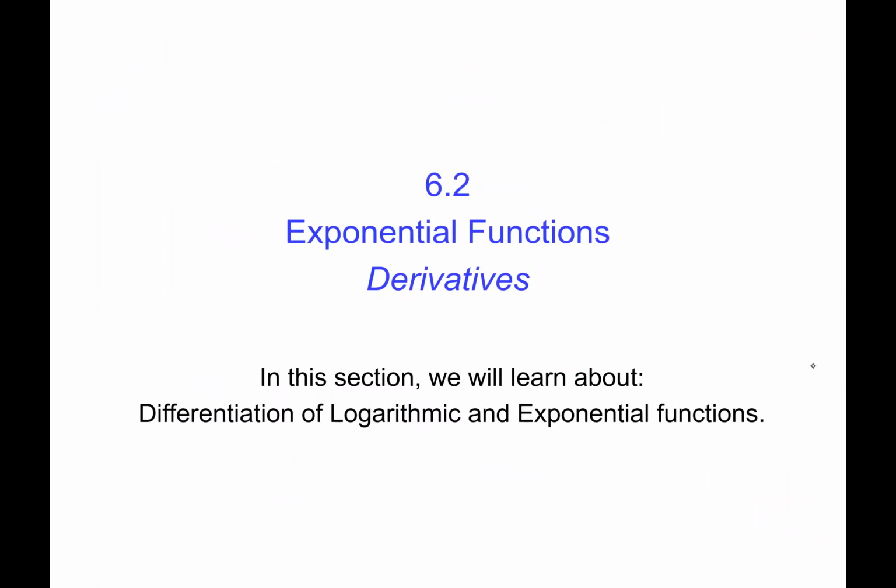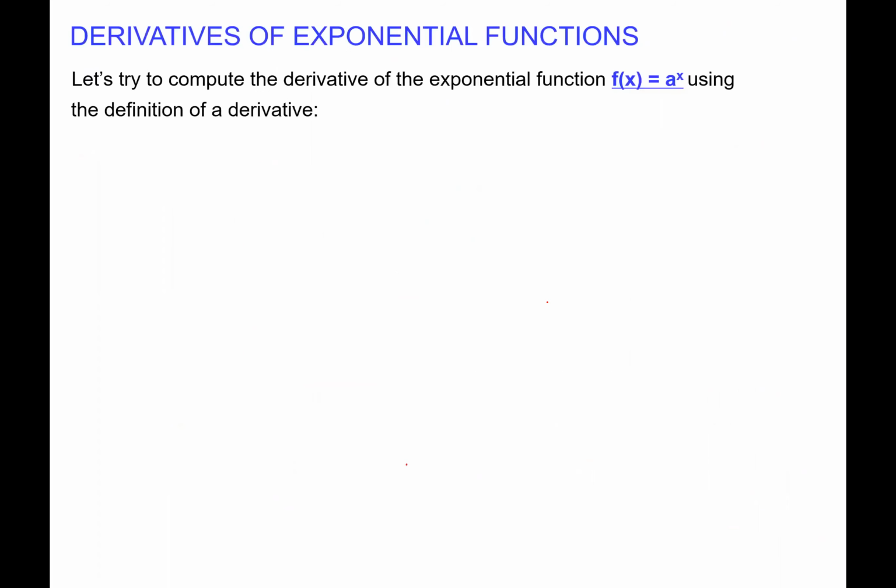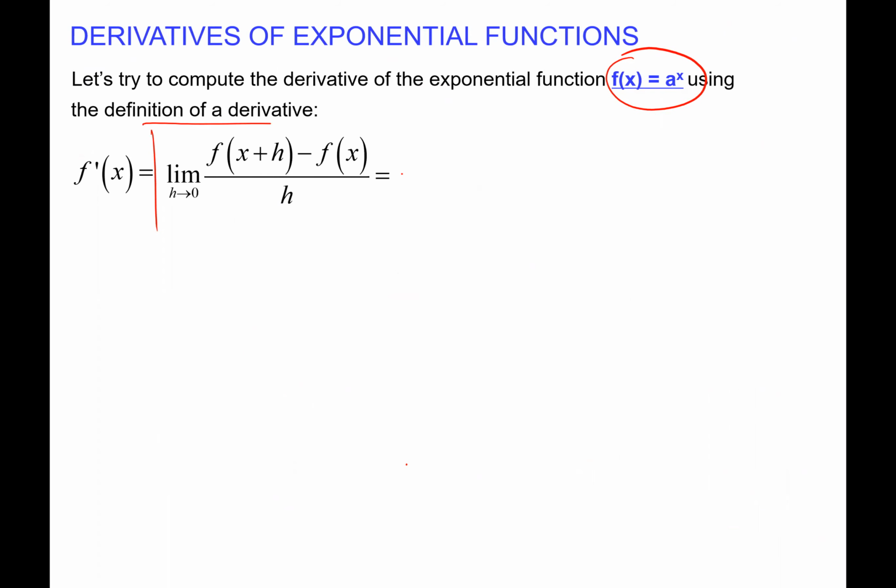Now let's look at the derivatives. That's the second part of this session. We will start with the definition of the derivative. We will take the general exponential function a to the x, and the only tool that we have is just the limit definition. Beautiful definition.